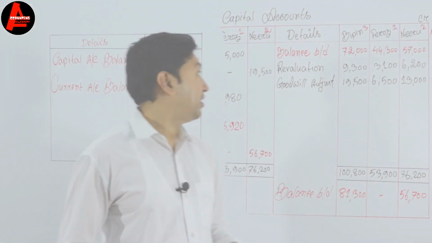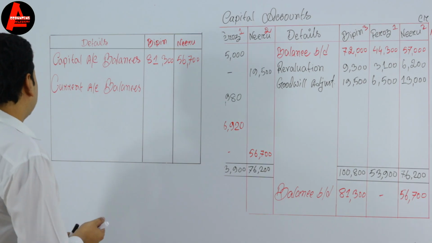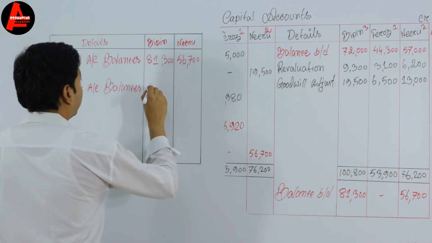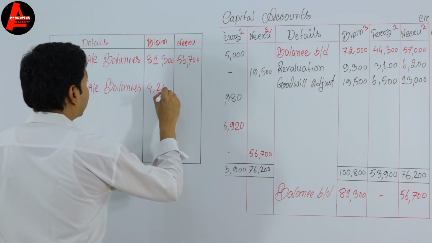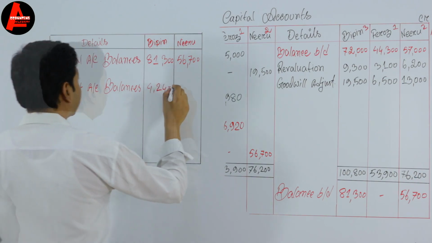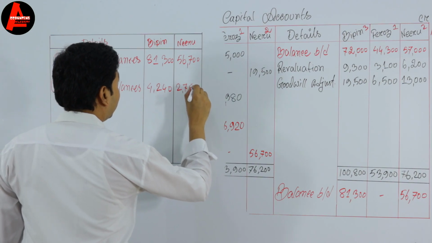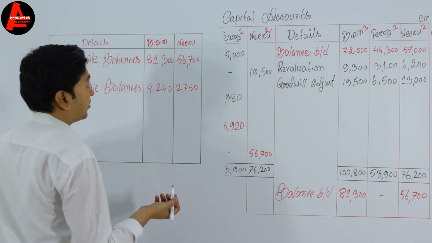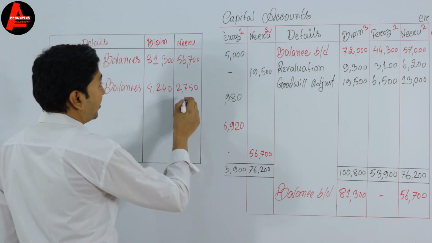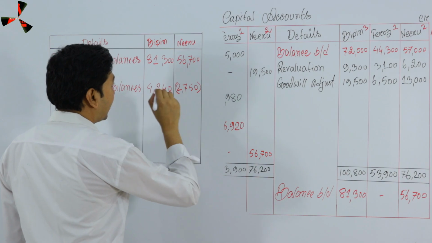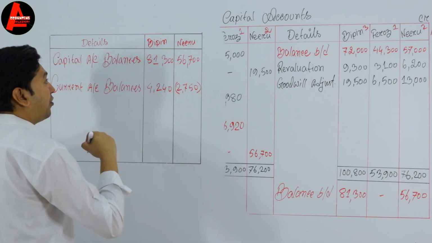So we will write here in this account. Bipin's balance is $4,240 and Neeru's balance is $2,750. Here the business already owes $2,750 to Neeru, so we will subtract this amount, because we already have this amount in the business.